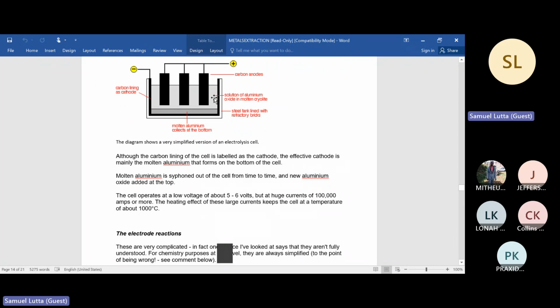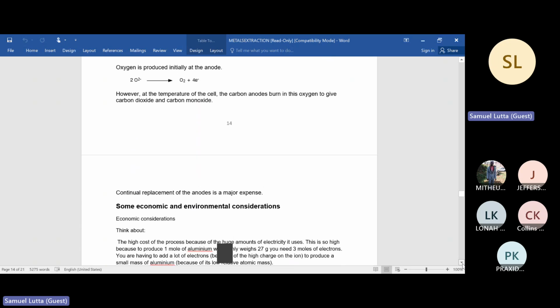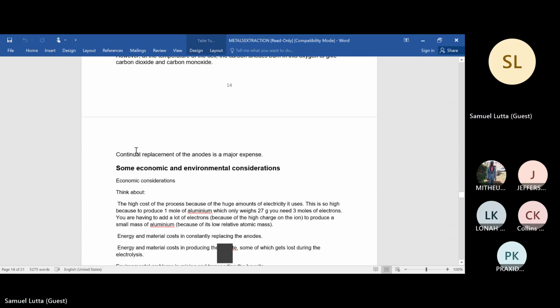So that's a major expensive process. The continual replacement of the anode is a major cost.